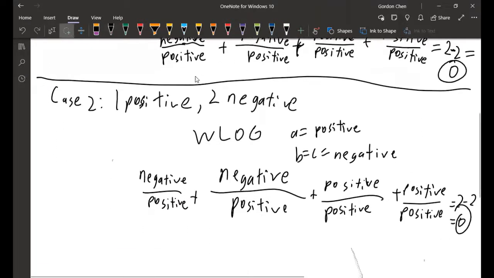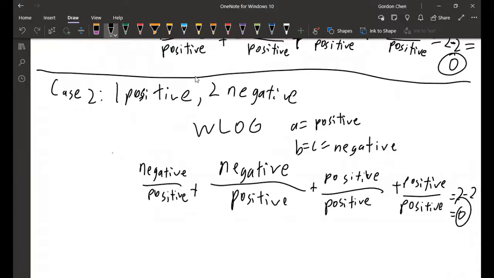And now we have one positive and two negatives. So with one positive, A divided by the absolute value of A is positive divided by positive, which in this case is just 1. With two negatives, a negative times a negative is a positive, and a positive times a positive is a positive.